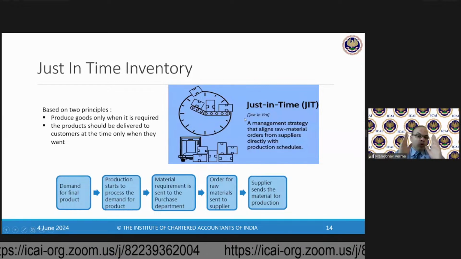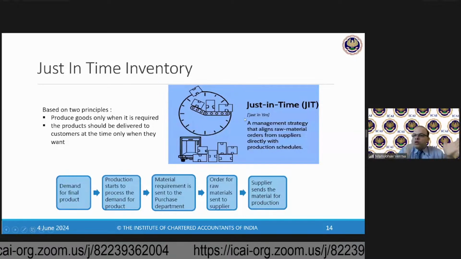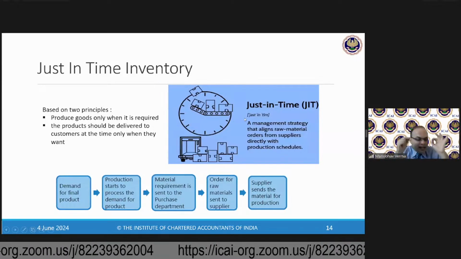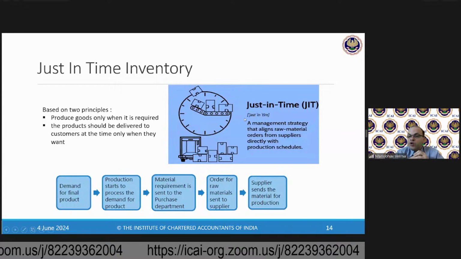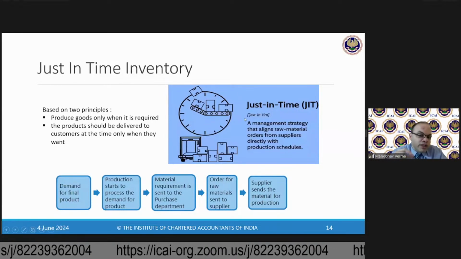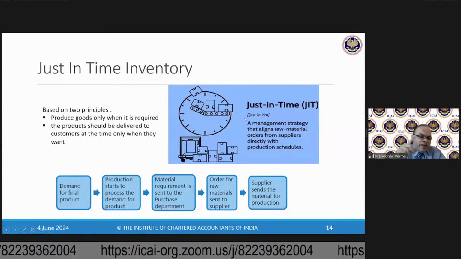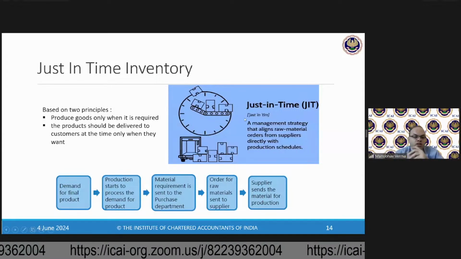You're saying producing the goods only when it is required, and as soon as the production is going on, you're receiving the input. So for this, your supply chain mechanism has to be very, very robust. What this is built on, if you see the bottom sequence here, is that there is a demand for the final product. As soon as there is a demand, the production starts to process.